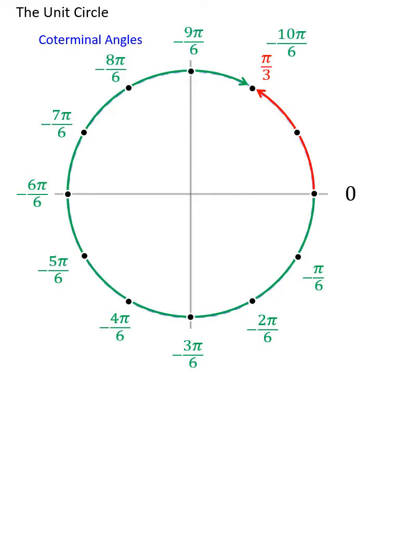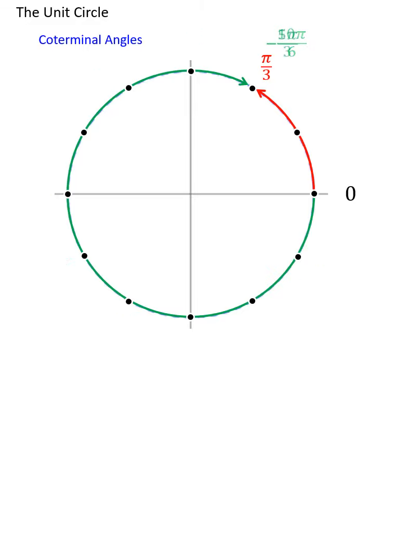And so it turns out, if you count your way around in sixths, the arc whose length is negative 10 pi over 6, also known as negative 5 pi over 3, terminates in the same place as the arc whose length is positive pi over 3. Because these two arcs, however different, do terminate at the same point, we call them coterminal.